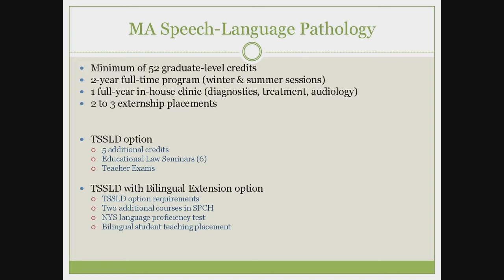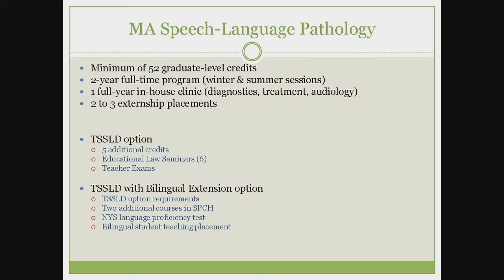And the winter in your second year, you may have classes if you hadn't done all your classes during the first winter. You have one full year of in-house clinic where you'll do diagnostics, treatment, and some audiology.